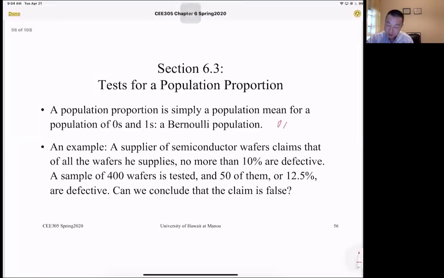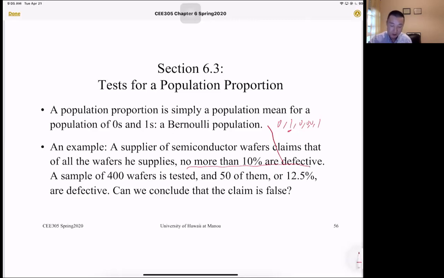For a Bernoulli population, we have 0, 1, 0, 0, something like that. When nothing happens, a failure, we call that 0, and 1 means success. Okay, and here is an example. We have a supplier of semiconductor wafers who claims all wafers supplied have no more than 10% defective.